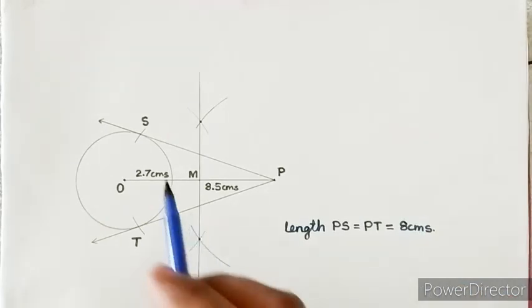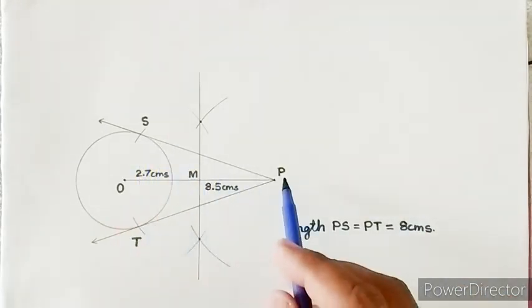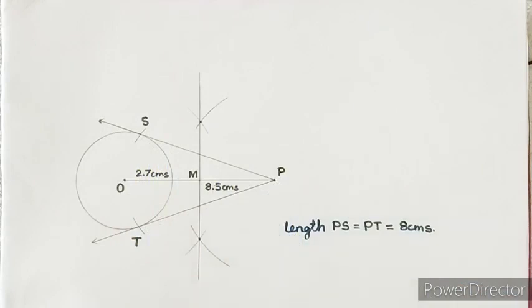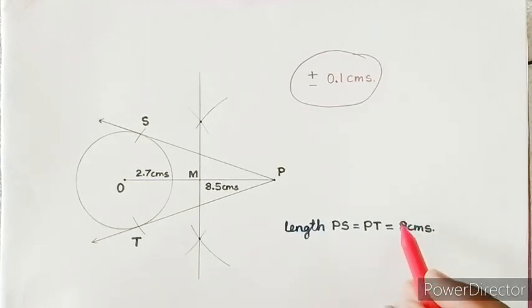And the accuracy of the length of the tangents depends on the sharpness of your pencil. So there could be some error and the error that is considered is plus or minus 0.1 centimeters. So because of any inaccuracy, instead of 8 centimeter you may get 7.9 centimeter or 8.1 centimeter.